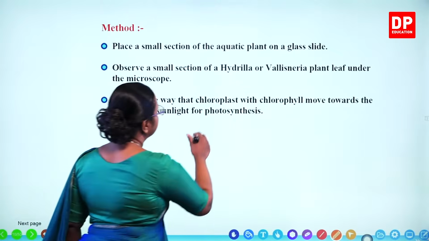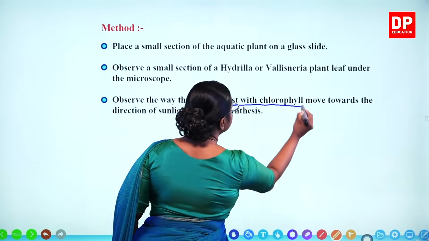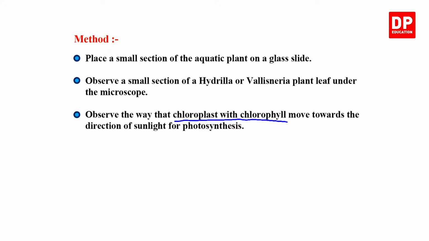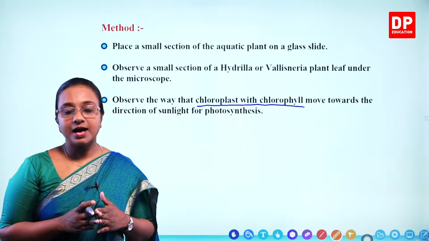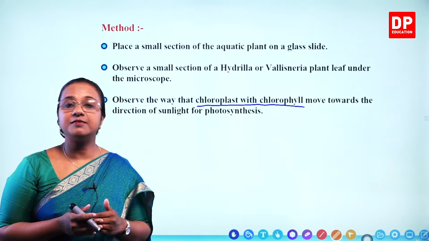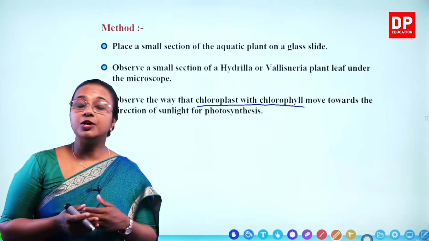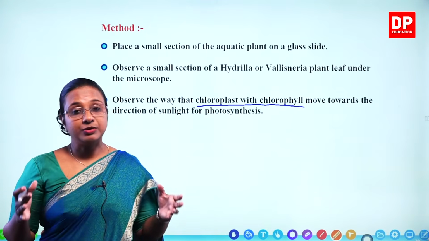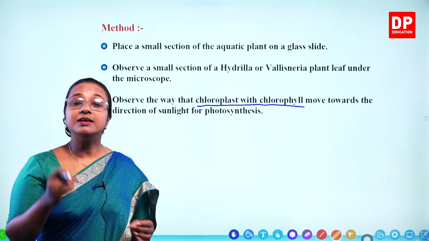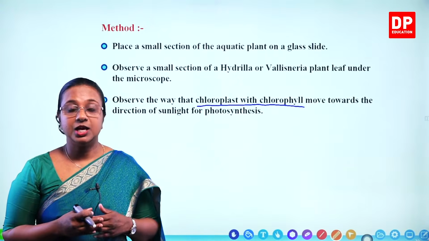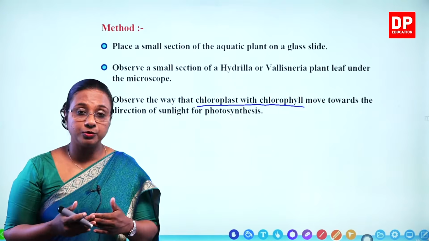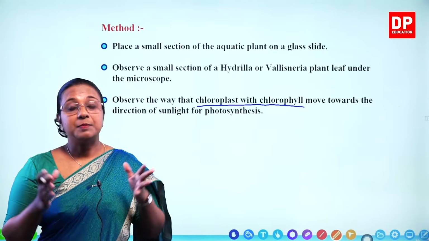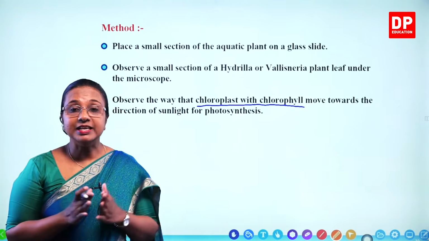So here, students, you have to observe the chloroplast with chlorophyll. When we place this slide under the light microscope and observe it through either low power or medium power, you can see the cells with the green color pigments in it. You cannot differentiate the chlorophyll or the chloroplast separately, but you can see the green color.